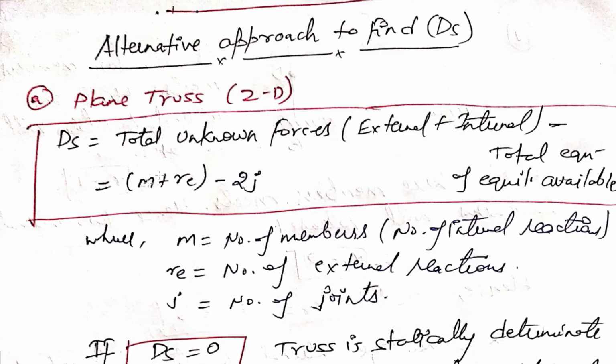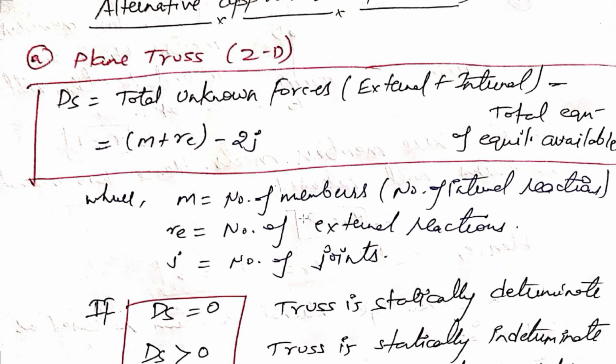To calculate static indeterminacy for a plane truss, that is a 2D truss, DS is equal to total unknown forces, that is external force plus internal force, minus the total equations of equilibrium available. M is the number of members, that is the number of internal reactions, RE is the external reactions, and J is the number of joints.